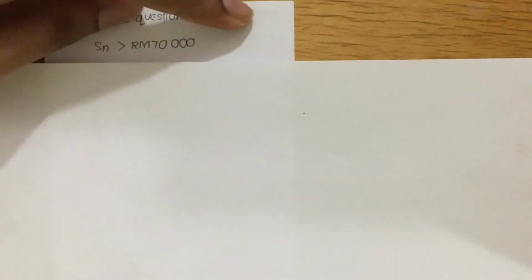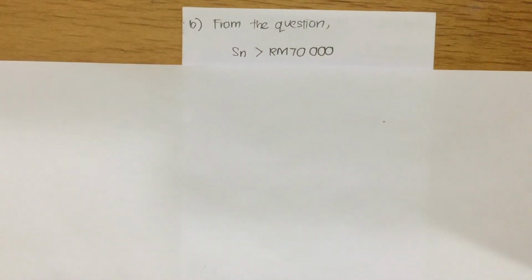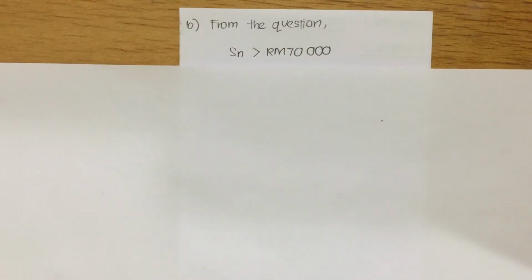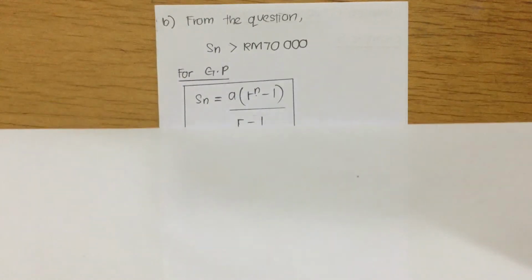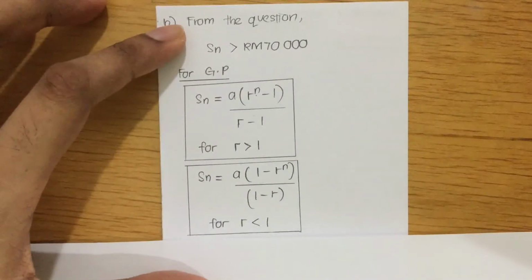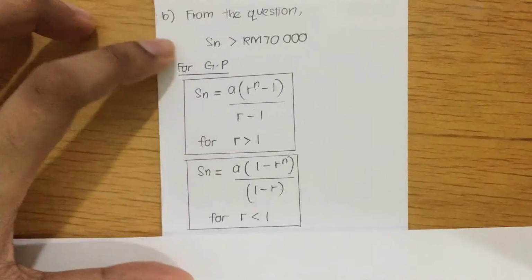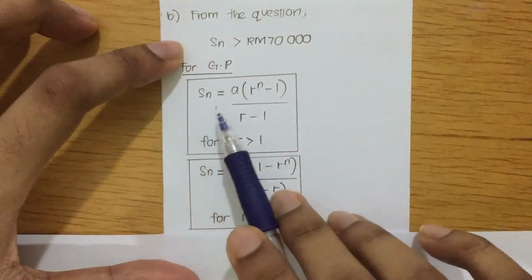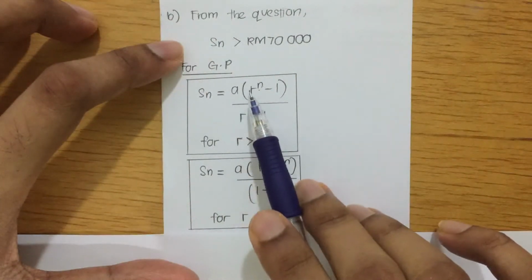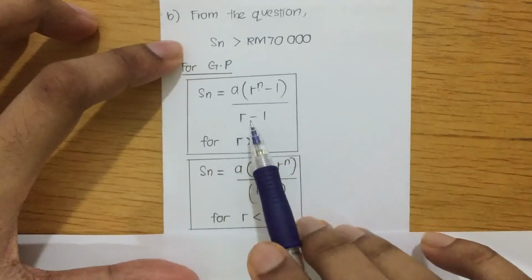Similar to finding the TN value, for the SN value in the geometric progression, it has its own formula, guys. For geometric progression, you have two formulas to calculate Sn, since it has its own condition. For the first one, Sn equals A(r^n - 1) divided by r - 1.